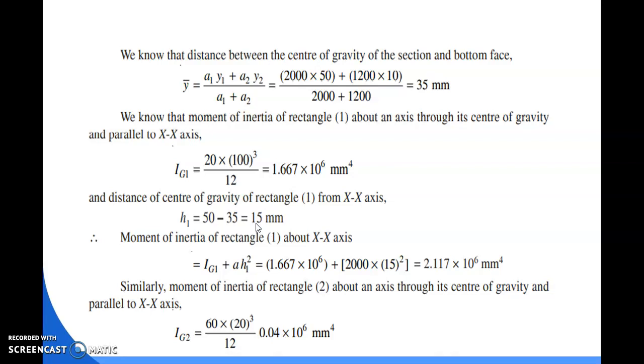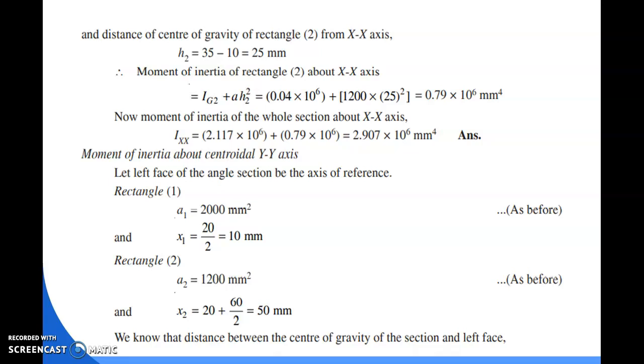Similarly, for section 2, the value of center of gravity is this much and the value of moment of inertia is equal to bd cube by 12. So by putting the values, we have 0.04 into 10 to the power 6 mm to the power 4.